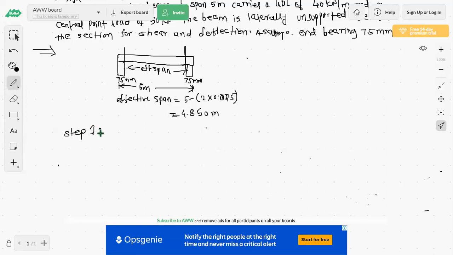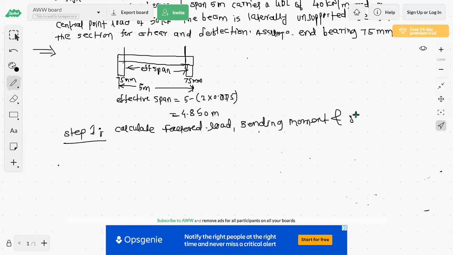Step 1: calculate factored load, bending moment and shear force.